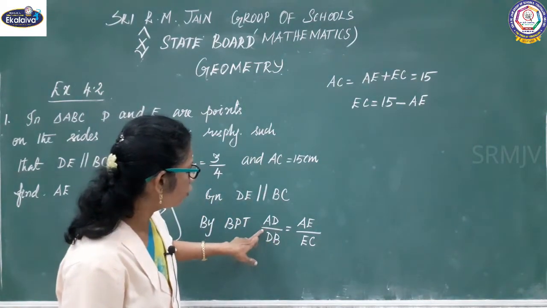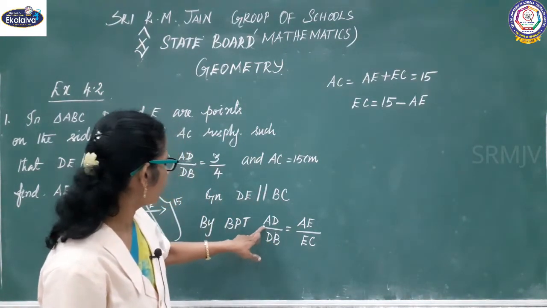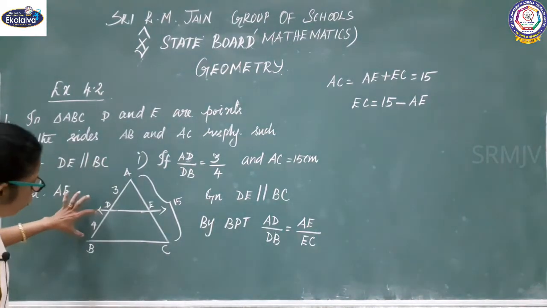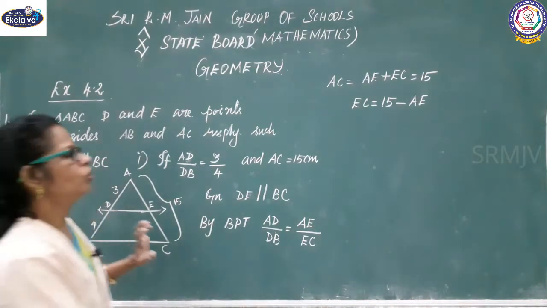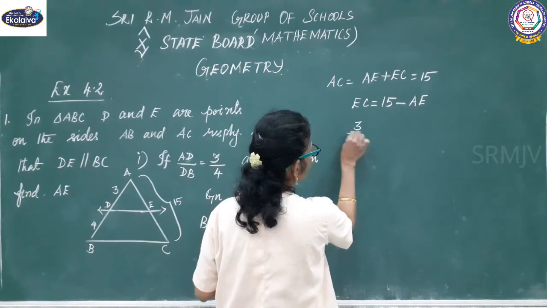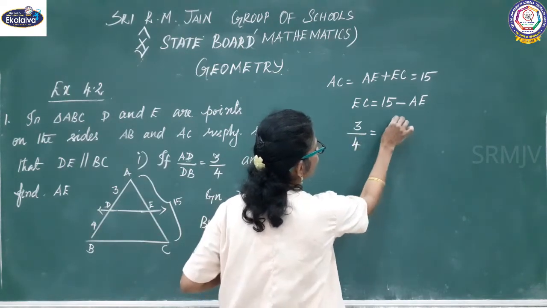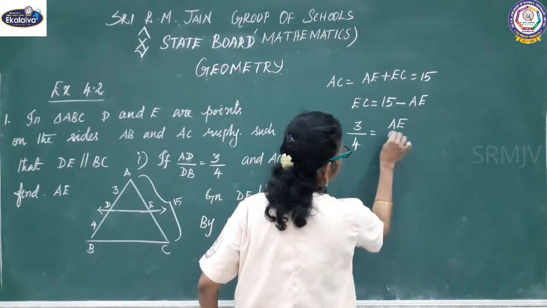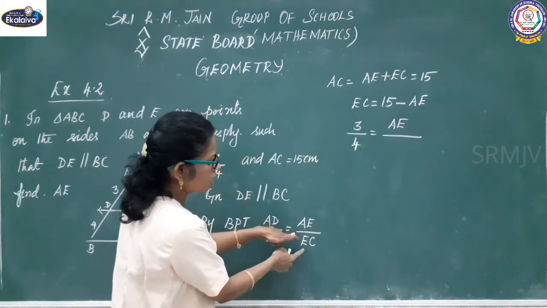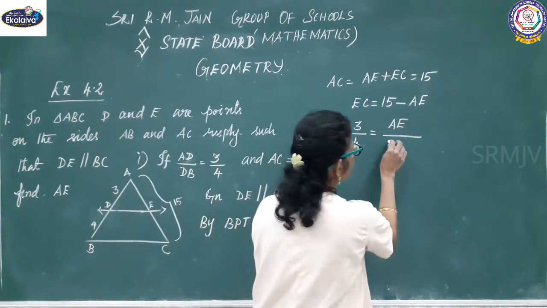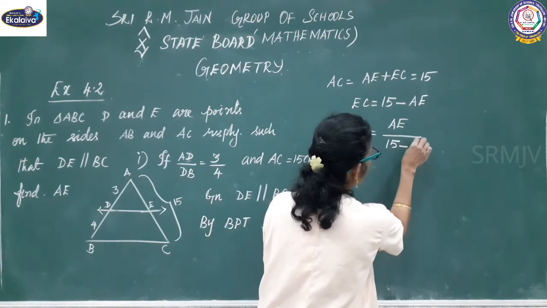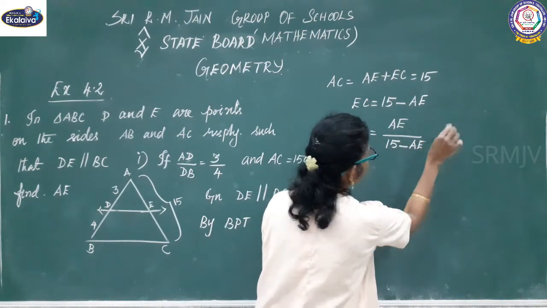I know the value of AD and DB, right? What is AD? AD is 3. What is your DB? It is 4. So, 3 by 4 equal to AE divided by EC. EC can be replaced by 15 minus AE.